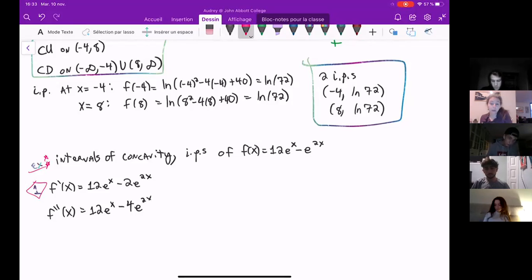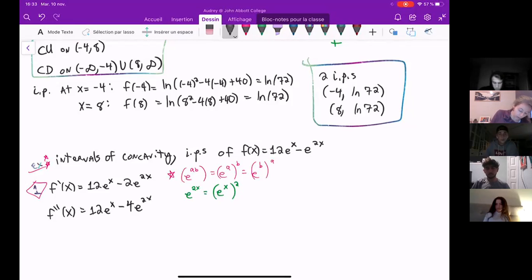But it's going to be easier to see if we remember that e to the power of ab is equal to e to the power of a, to the power of b. Or it could be equal to e to the power of b, to the power of a. So why is that important in this case? Because it's telling me that e to the 2x is the same thing as e to the x, squared.